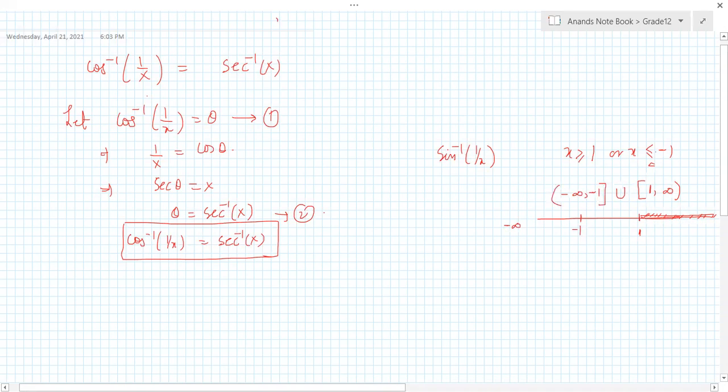Because there is an equal to sign, we can touch the value. Infinity, we cannot touch. So in case of 1 by x, this will be the domain. Similarly for cos inverse of 1 by x, this will be the domain for the reciprocals.